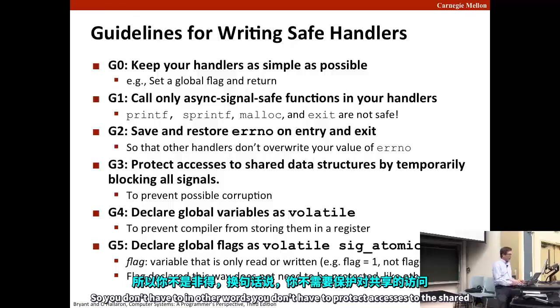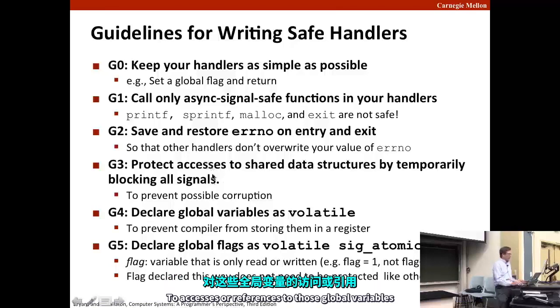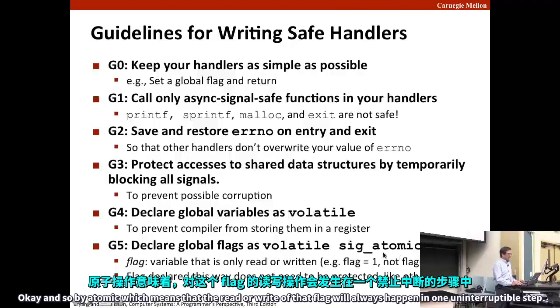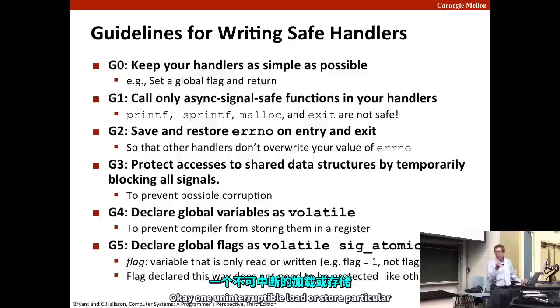So in other words, you don't have to protect accesses or references to those global variables. Okay, and by atomic, it means that the read or write of that flag will always happen in one uninterruptible step. Okay, one uninterruptible load or store in particular.